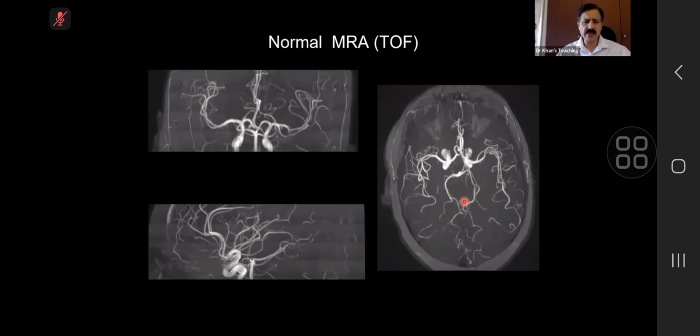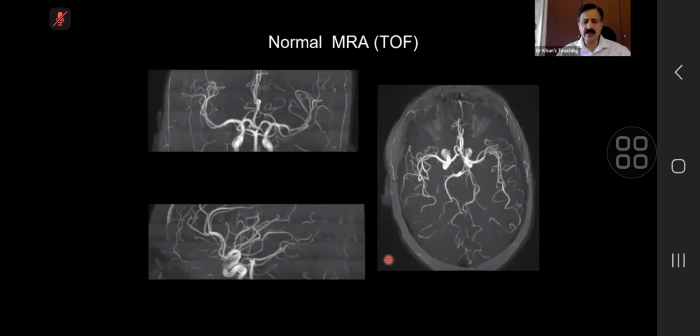Now, coming back to the basics of MRA, please remember that MRA of the brain intracranial arteries is done without contrast. And this is what we call time of flight MRA, where contrast is not needed, and it gives you good enough pictures.